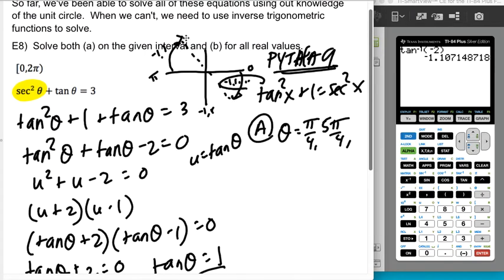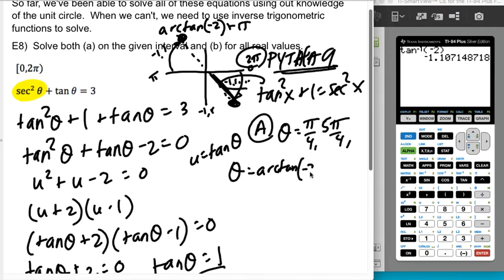This value right here would be that arctan, which is negative 1 point whatever, plus pi. That would be that angle. And this angle doesn't actually fall in the window from 0 to 2 pi. So what I would need to do is say this is 2 pi plus that angle. So my other two angles are arctan of negative 2 plus pi and arctan of negative 2 plus 2 pi, or I could give decimal equivalents.